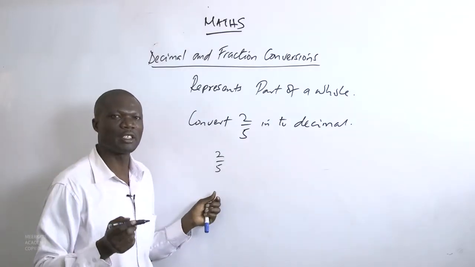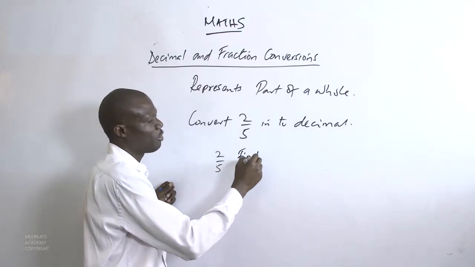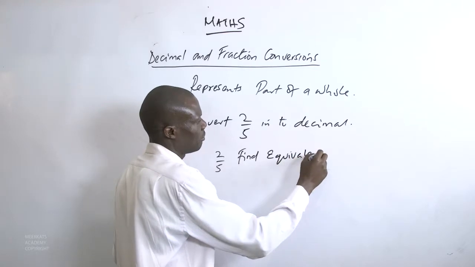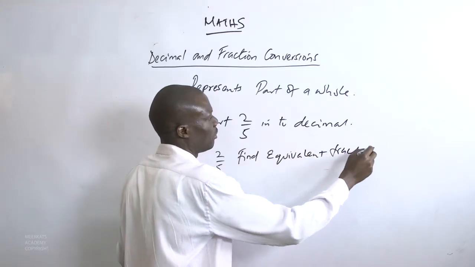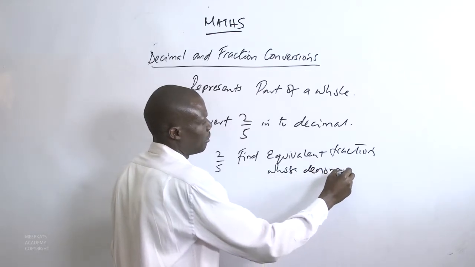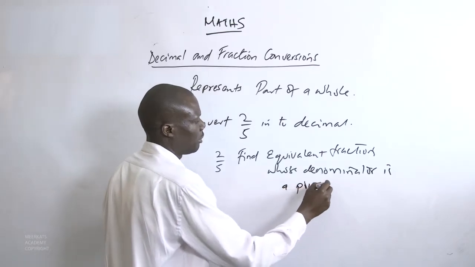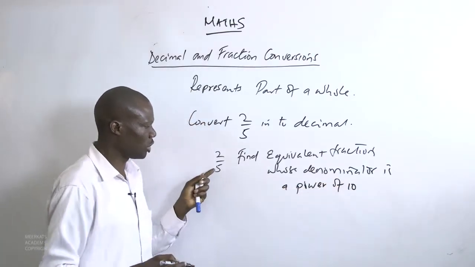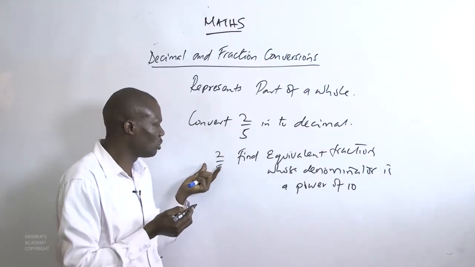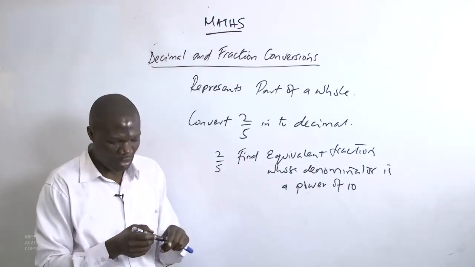For this particular case, we require to find an equivalent fraction whose denominator is a power of 10. So we need to find an equivalent fraction to 2 over 5, but whose denominator is a power of 10.